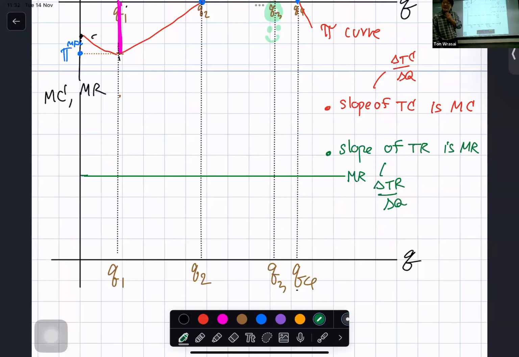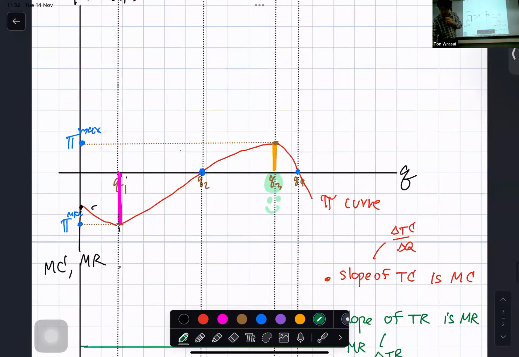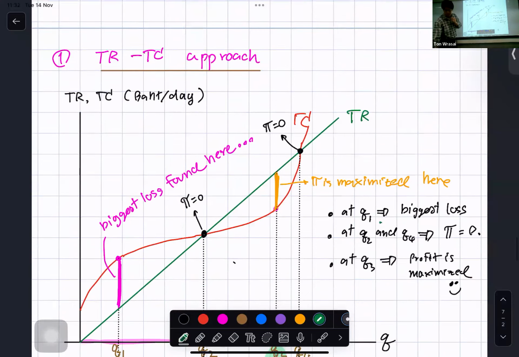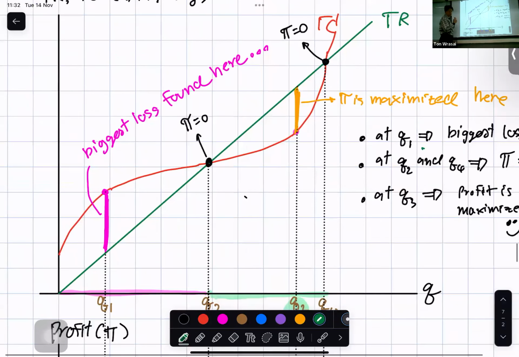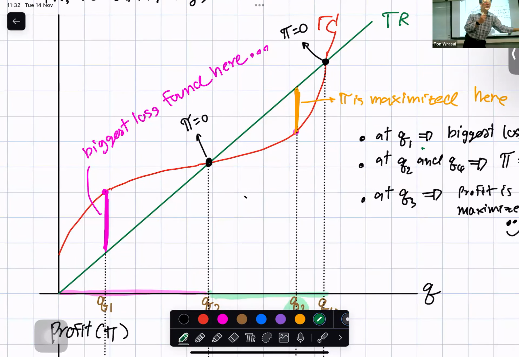How does the slope change as we travel along TC? Take a look. The slope is reducing, and then it's flattest, and then it becomes bigger, the slope increasing.